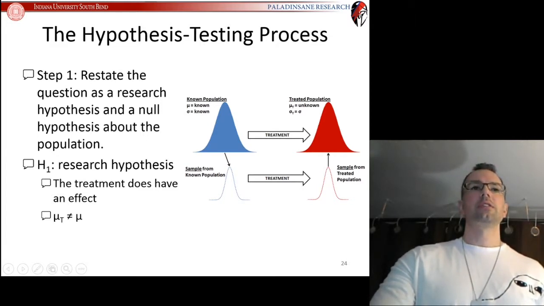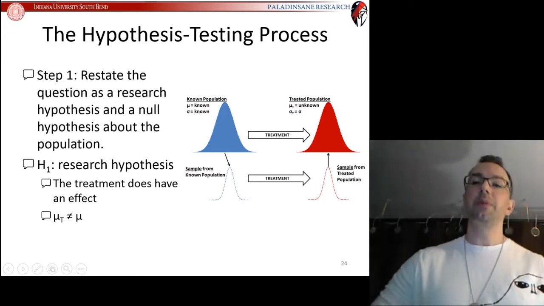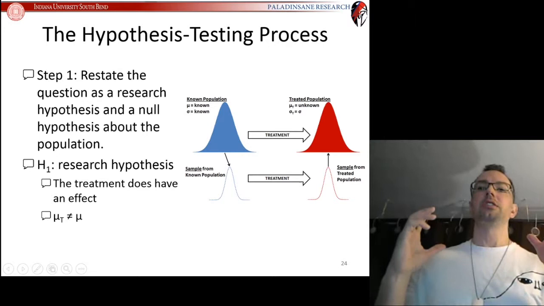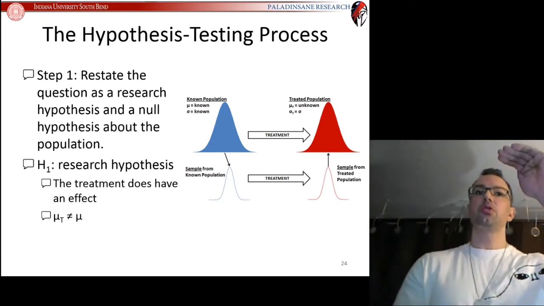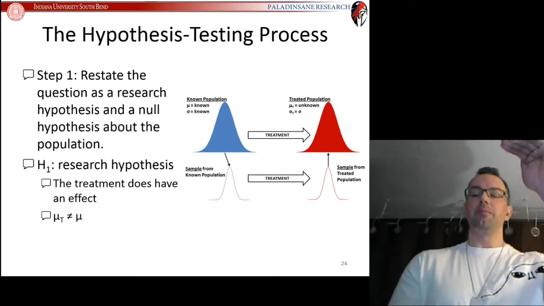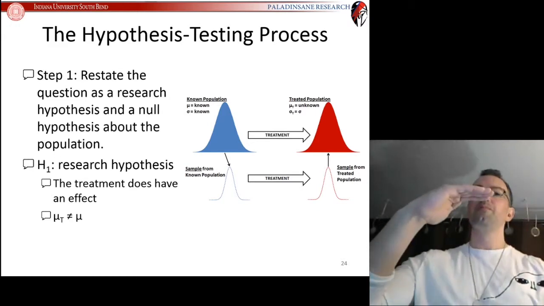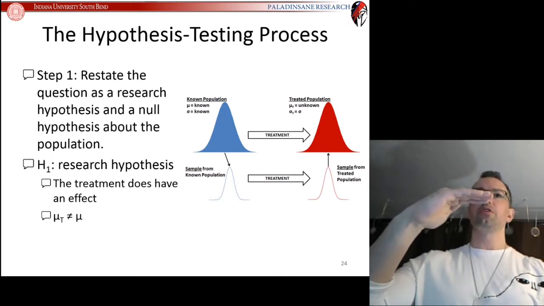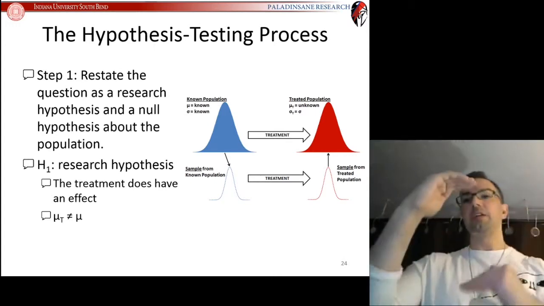The level of phobias for the treated population does not equal the level of phobias for the untreated population. So this means that your populations are different. So the treated population could be higher than the untreated population. That would be the means do not equal each other. The treated population could be lower than the untreated population, the original population. That still means that your treatment has caused an effect.